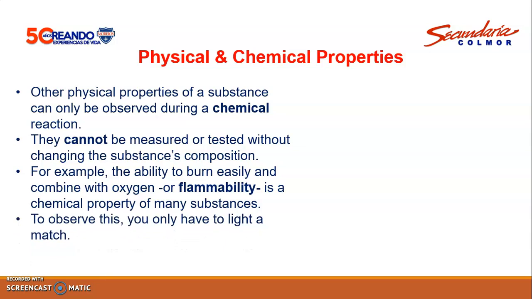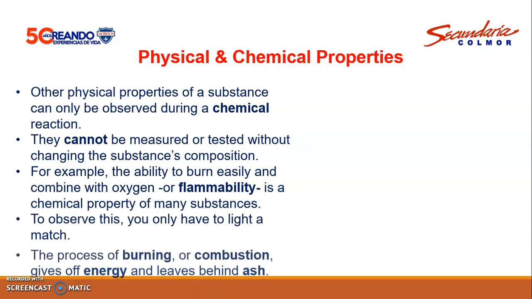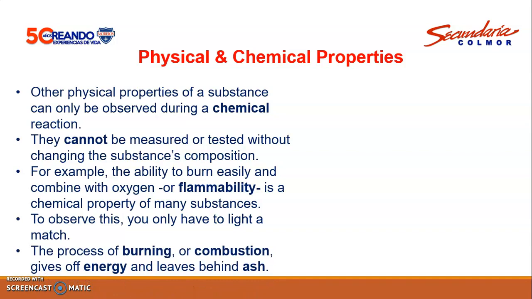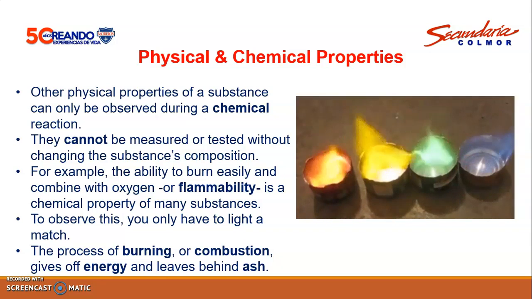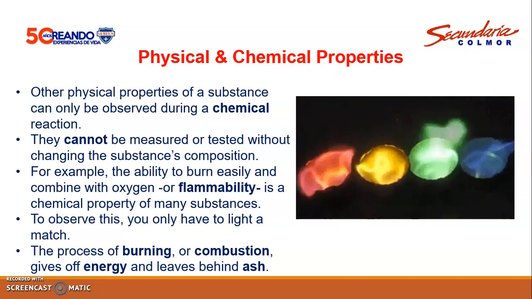And to observe this, you only have to light a match. And well, this process of burning, that is also called combustion, gives off energy, which we can use, but it also leaves ash. So we're going to see a little graph here of what flammability is all about.